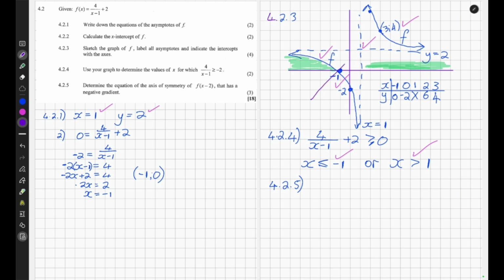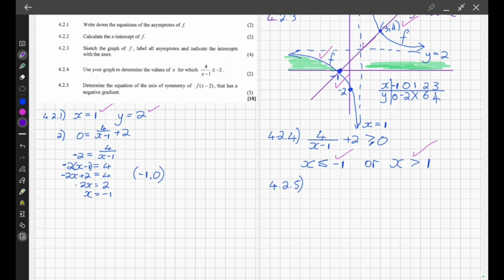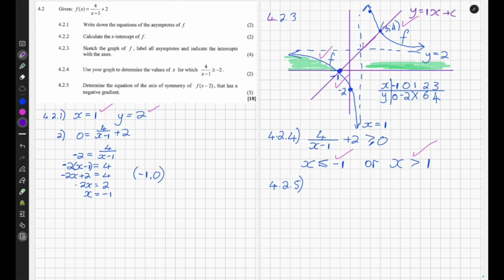So if I draw it, it would be there. That's the one with a positive gradient, y equals positive 1x plus c, but that is not what they asked me. They asked me for one that goes the other direction, which means it goes there somewhere. Please take your ruler so it doesn't look like mine. But this equation would be y equals minus 1x plus c.